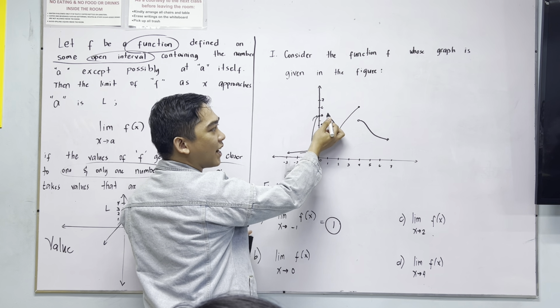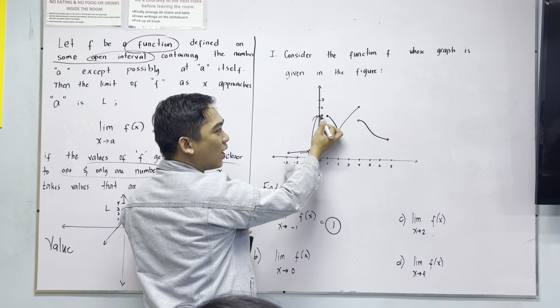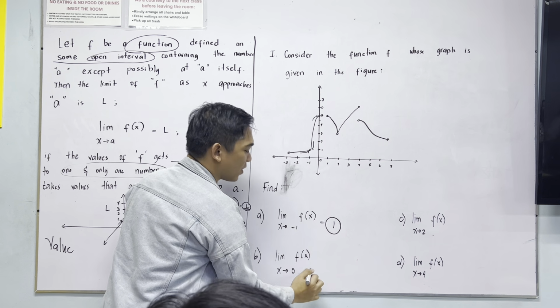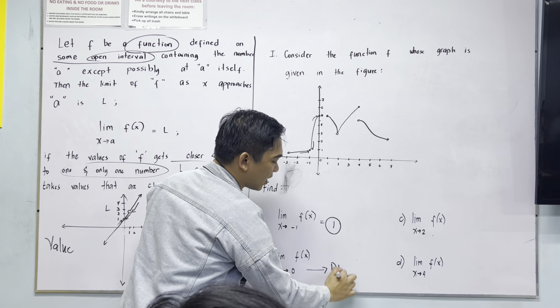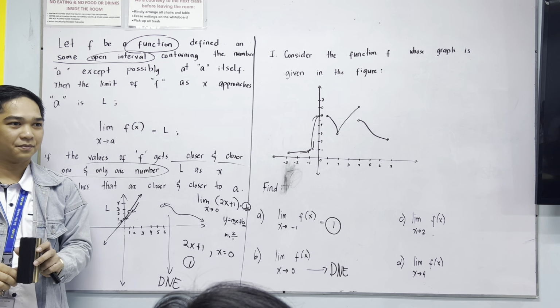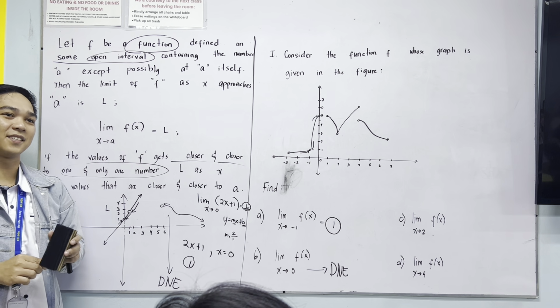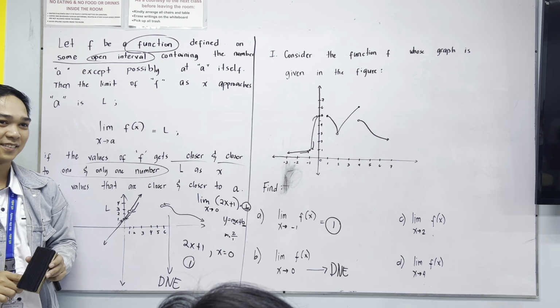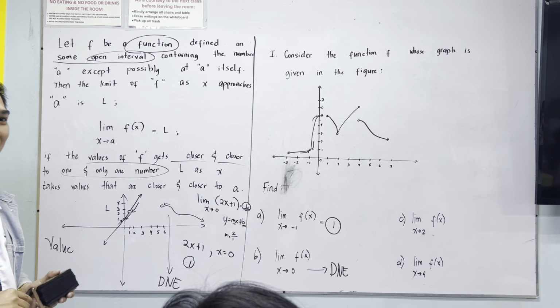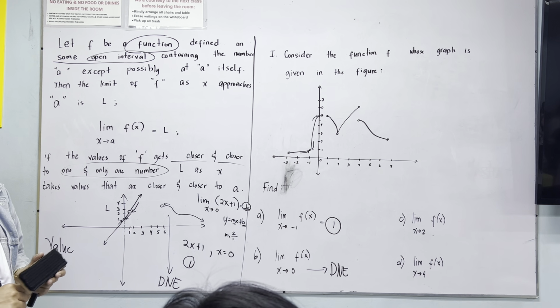But coming from the right, putol. Ano ibig niyang sabihin? So, this is DNE. Does not exist.